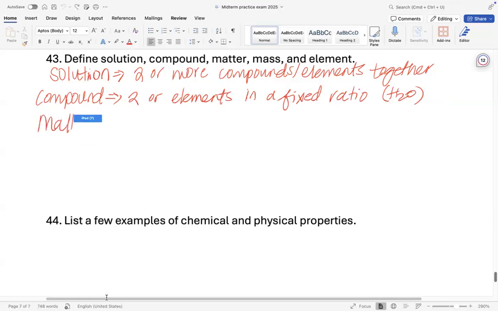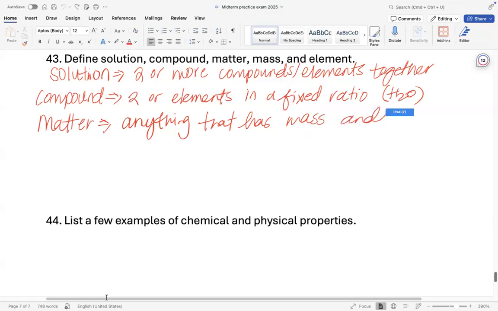Matter, this is like probably the second or third slide it shows you. This is anything that has mass and takes up space. What is mass?